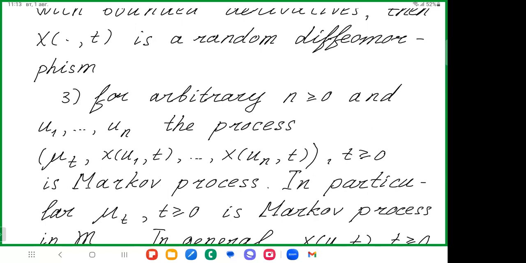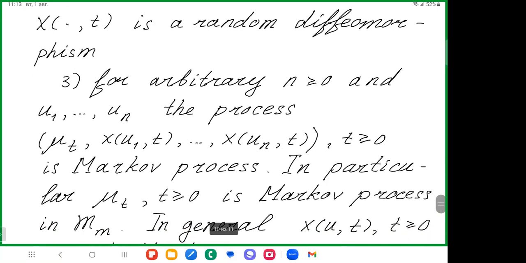As we said, it even has the strong Markov property. In particular, the measure-valued process mu t itself is a Markov process in the space of measures.